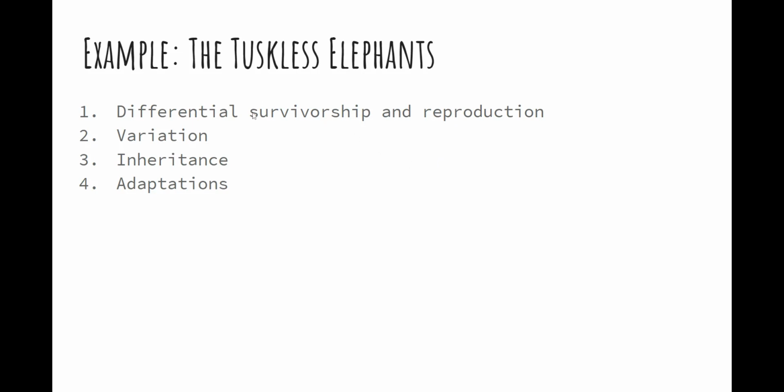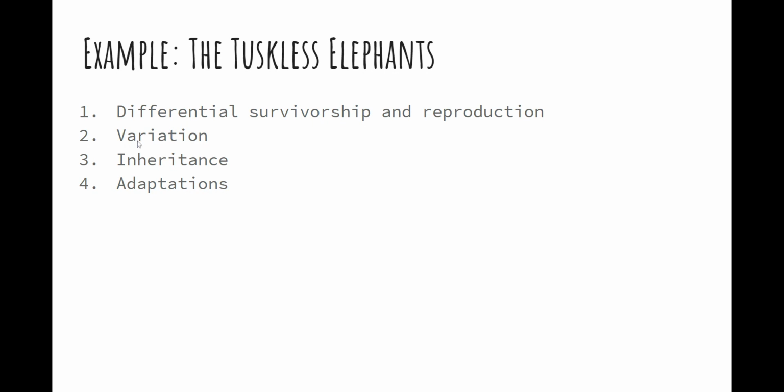So elephants that had tusks, even though those tusks are very useful for them to dig holes and knock over things and do all the stuff that elephants do, they weren't surviving. And because they weren't surviving, they weren't reproducing. And on the other hand, the ones that didn't have tusks, they weren't shot for their ivory, and they were the ones that reproduced.